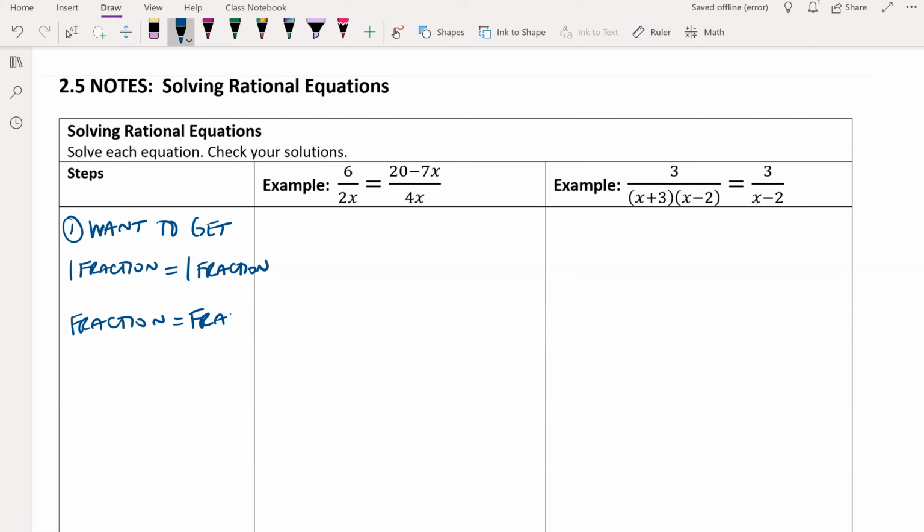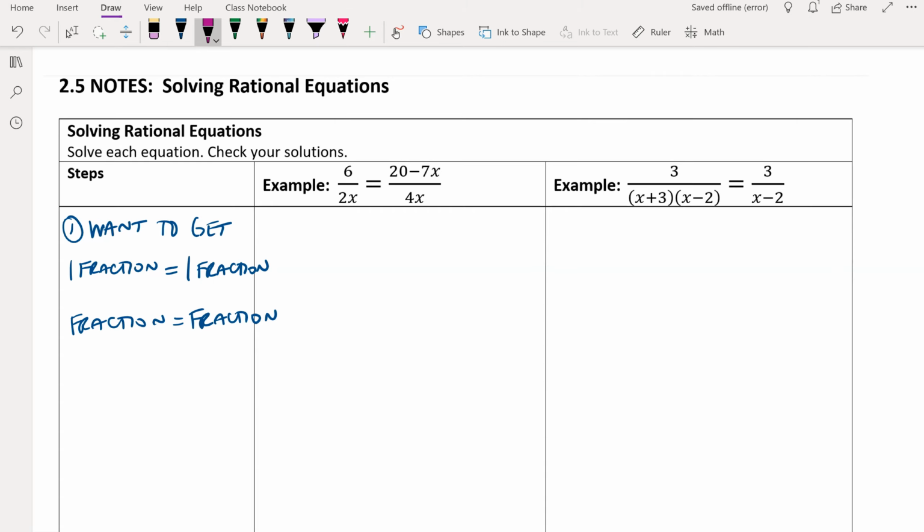Like we just want one fraction on both sides of the equal sign. So how can we do that? Well, we already have that here. So there will be more complicated problems where you don't always have that, but check it out. On the left, we have one fraction, right? Equals one fraction. Okay, so when you get that, this is when you're allowed to use this trick.